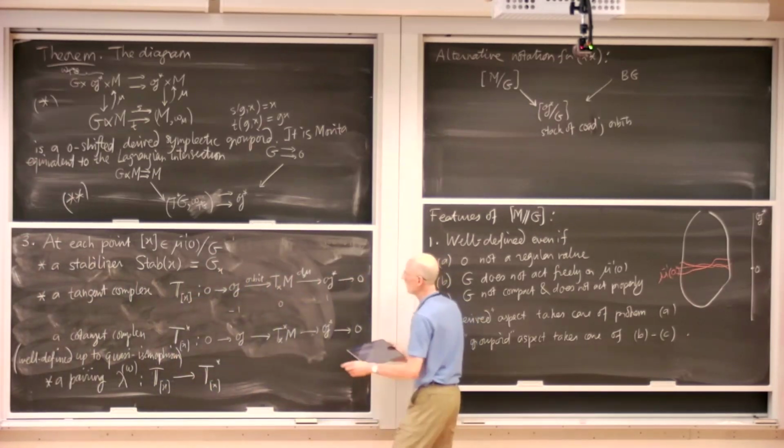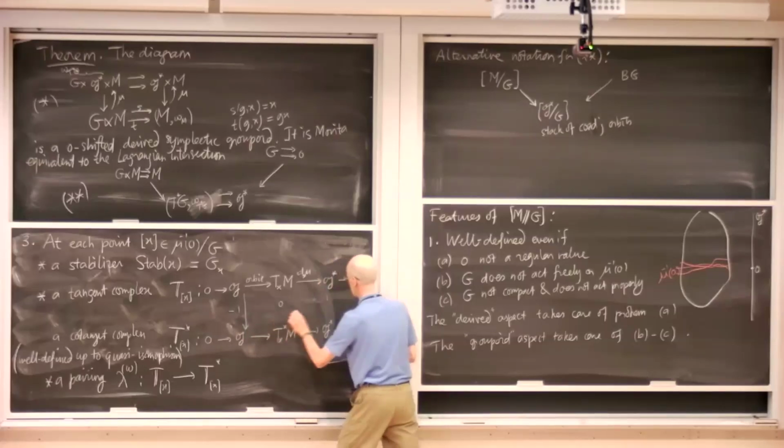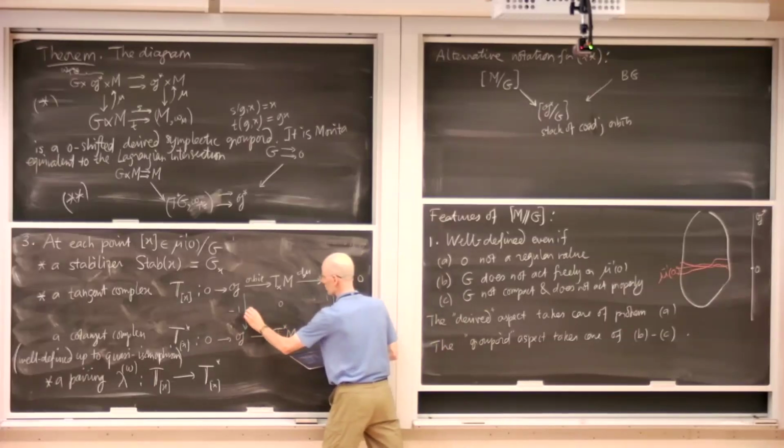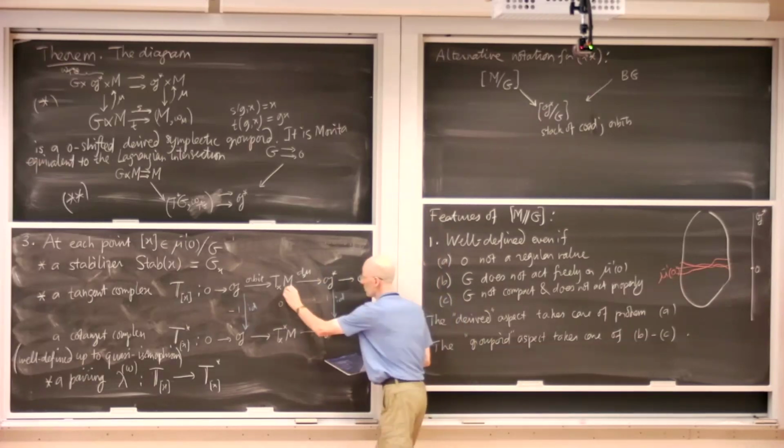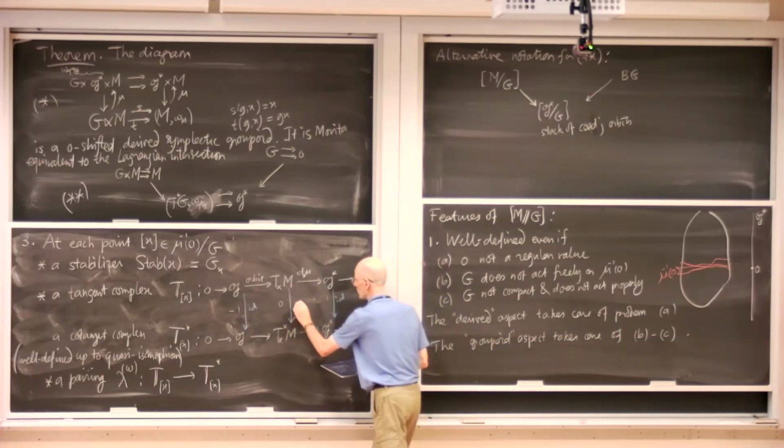So what's the pairing? Here it's just the identity map. And here it's just the symplectic form of the tangent space.